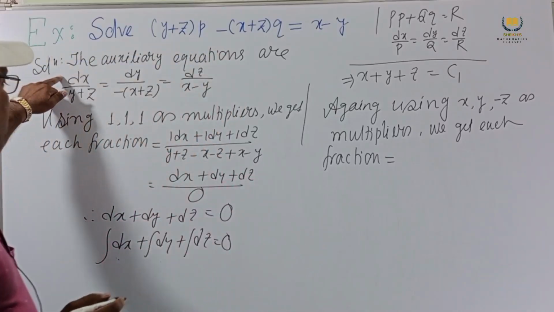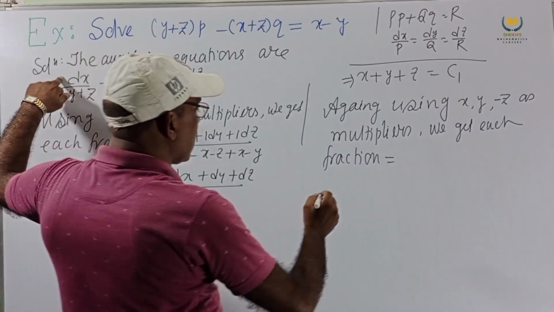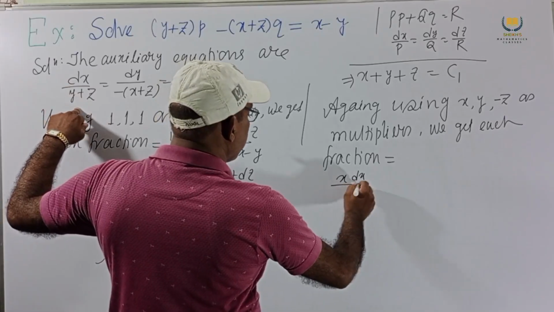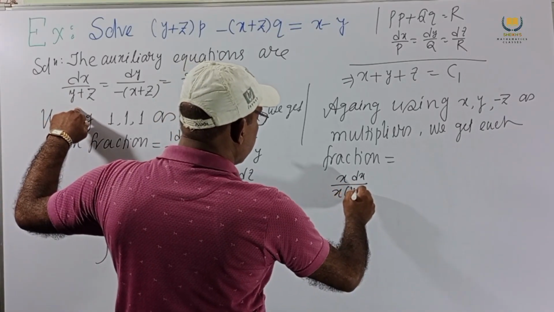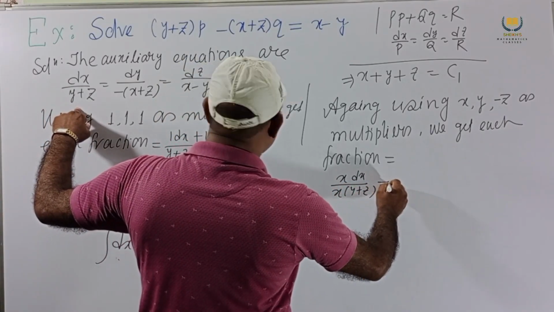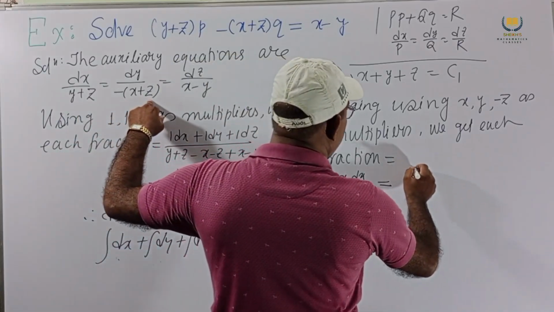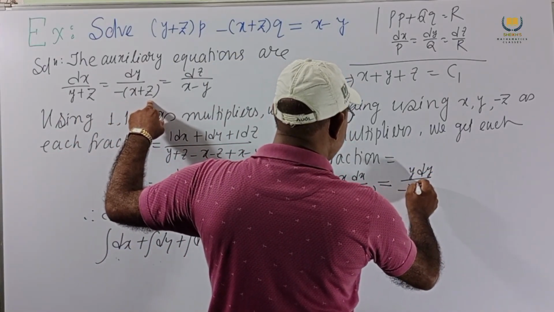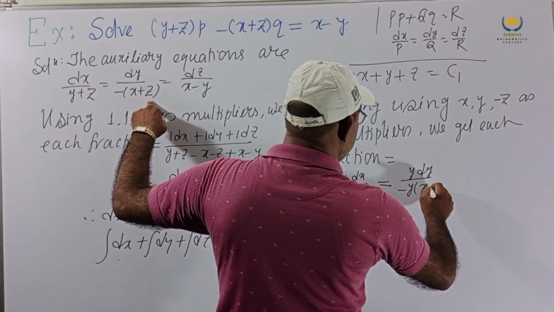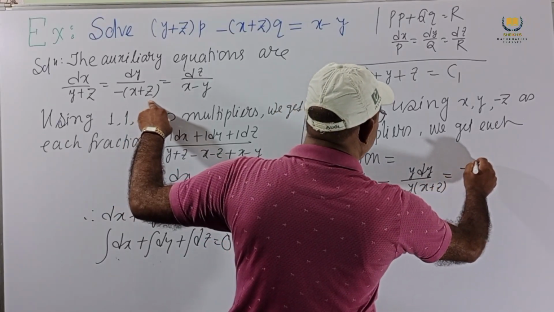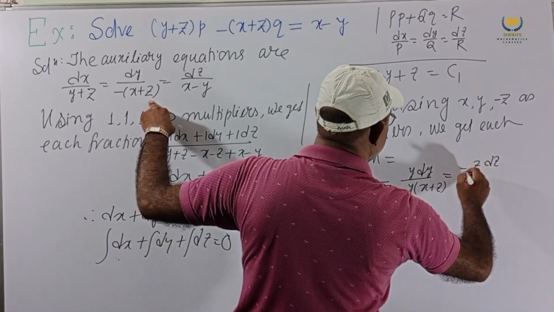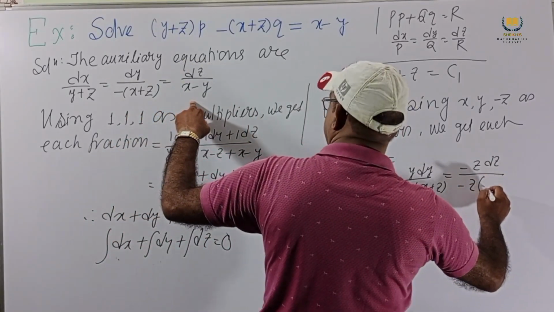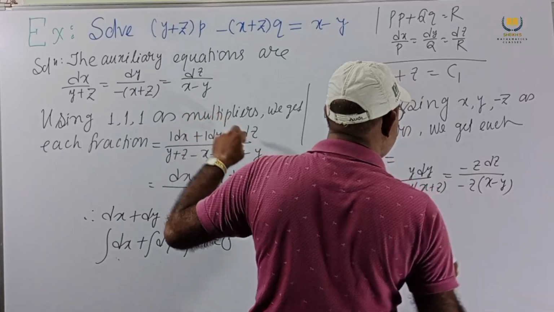That means we multiply this one by x: dx by y plus z times x, y dy by minus x plus z times y, minus z dz by x minus y times minus z.